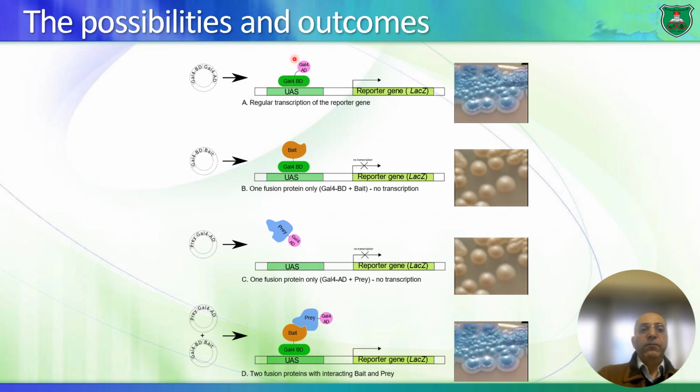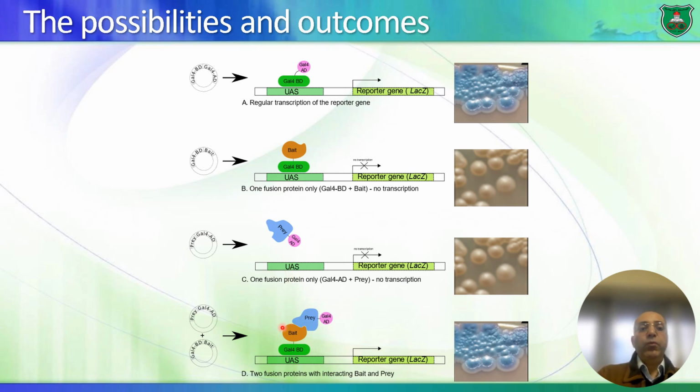Because we have the whole Gal4 protein. If we have a plasmid that produces the DNA binding domain only, then there would be no production. If we have a plasmid that produces the activation domain only, we're going to have no production of beta-galactosidase, okay, because we need the DNA binding domain in here.